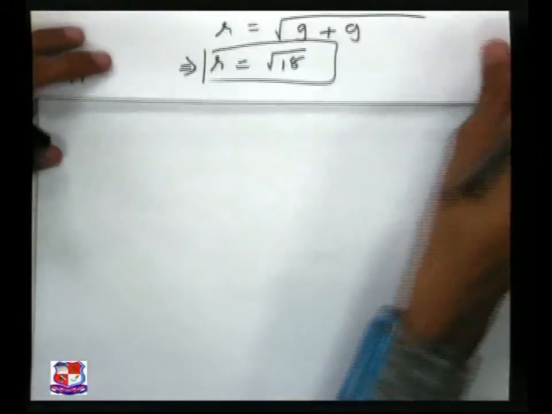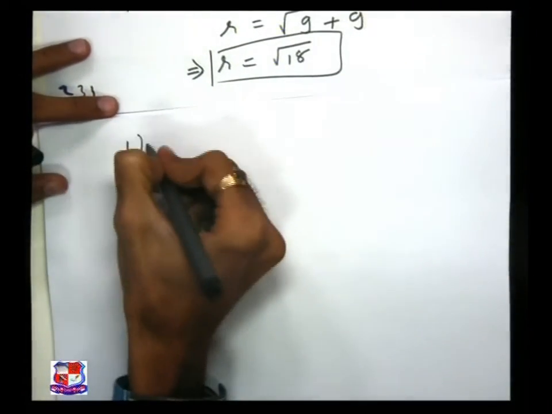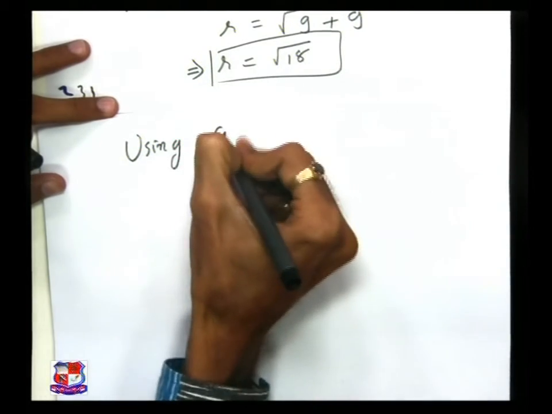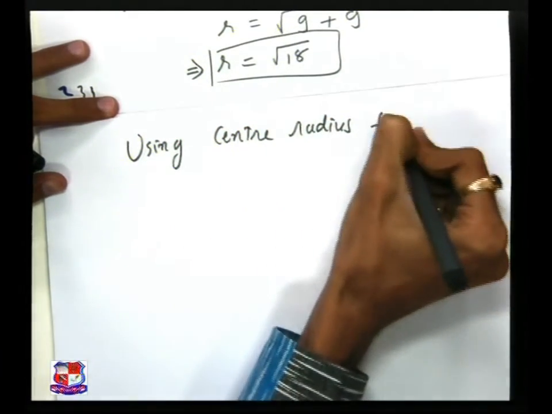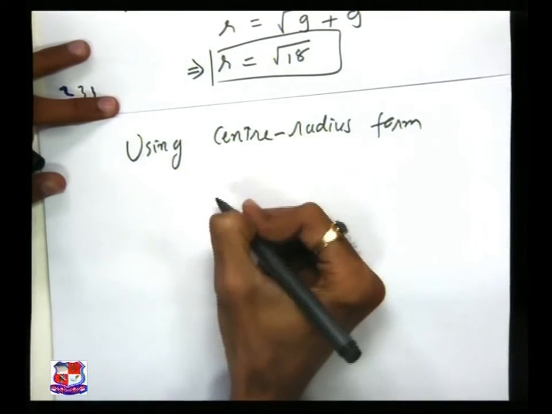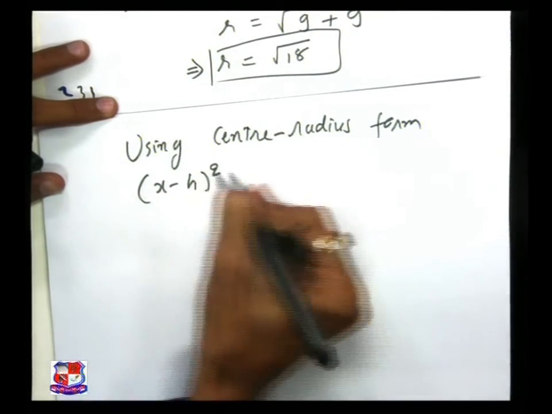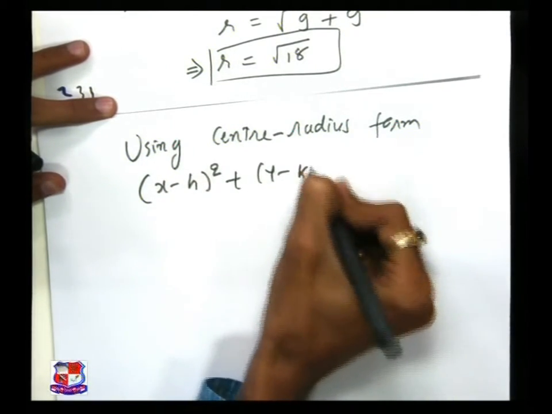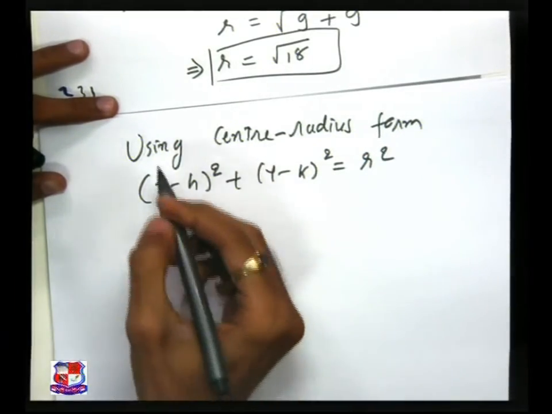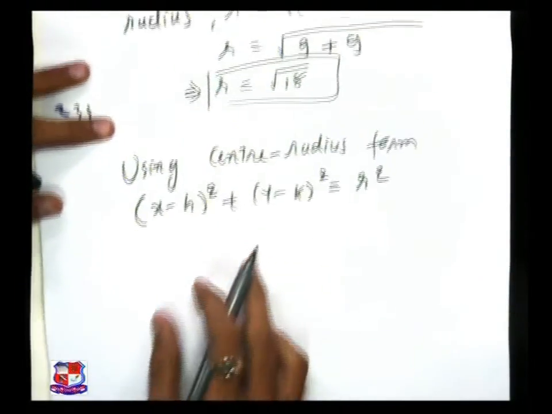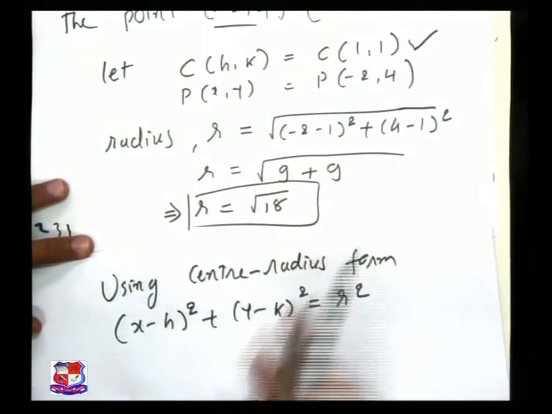Using the center-radius form, which is (x minus h) whole square plus (y minus k) whole square is equal to r square. Here (h, k) is equal to (1, 1), the center of the circle.